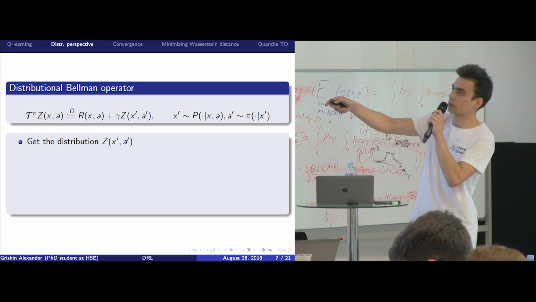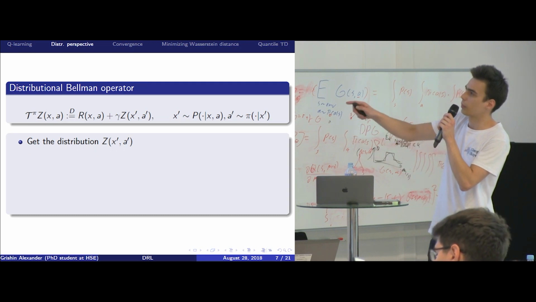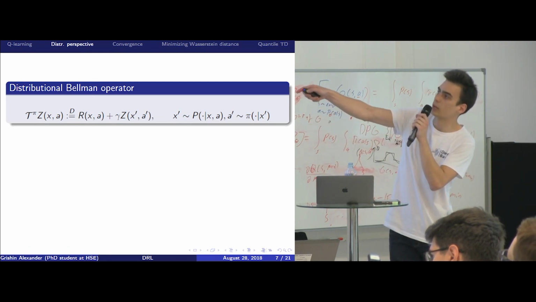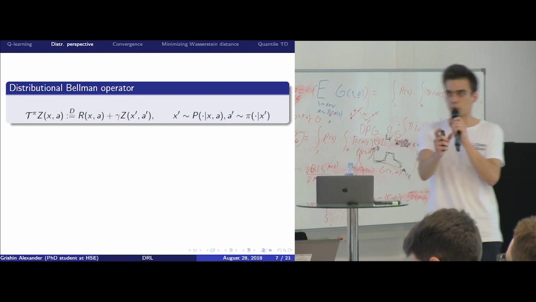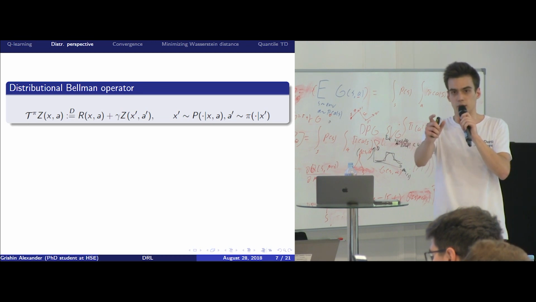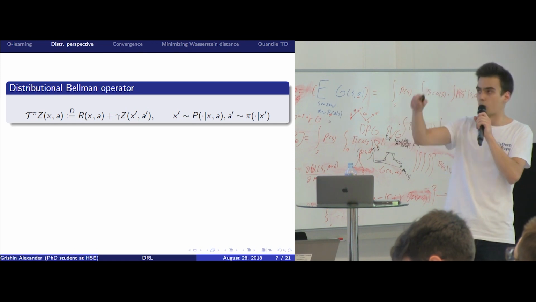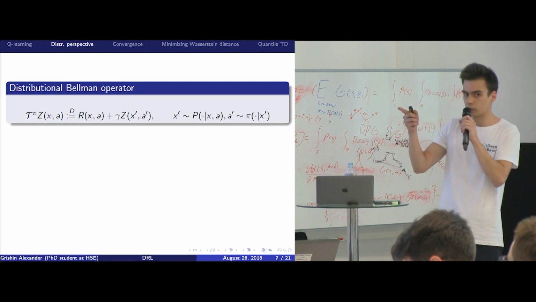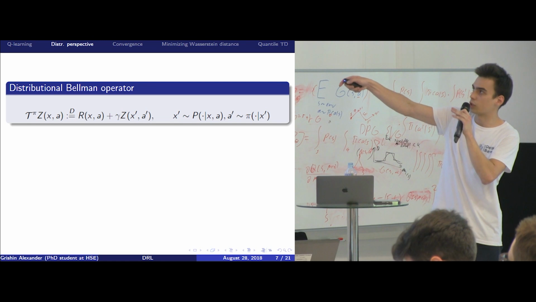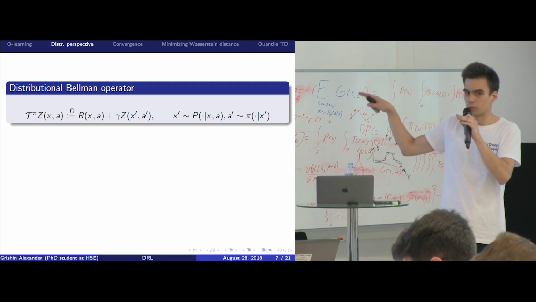So to apply the operator, we should get the state action pair. Then we should get all possible states and actions which could occur in the subsequent step. We should estimate the probabilities of each subsequent state action pair. And with these probabilities, we weight our distribution function in these states and actions.